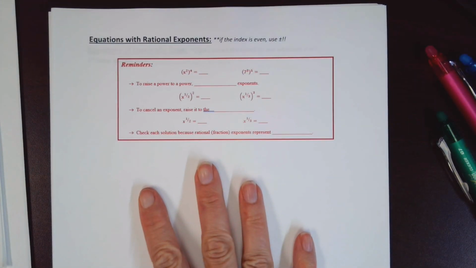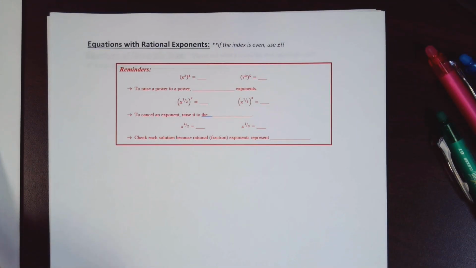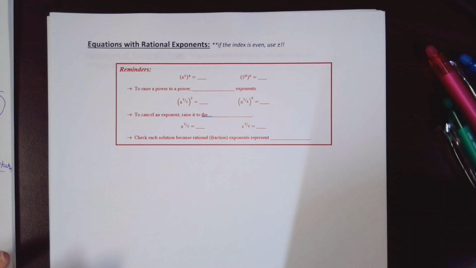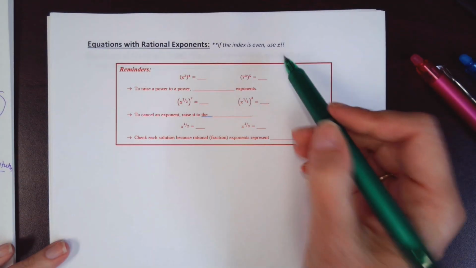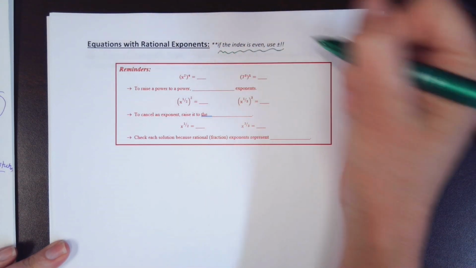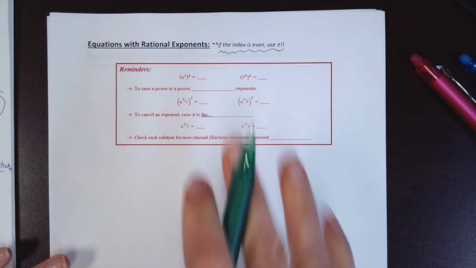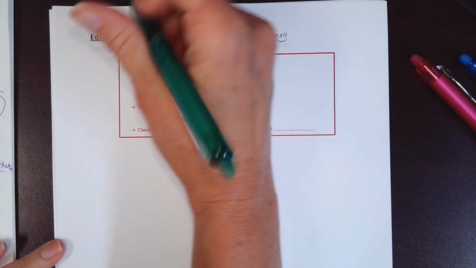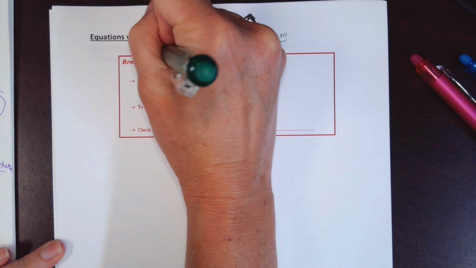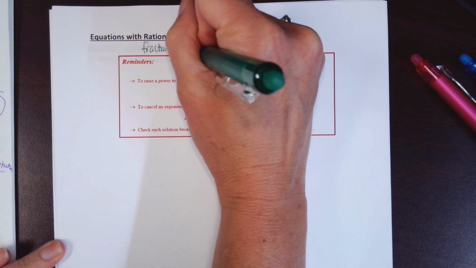All right, let's talk about our next type of equation, equations with rational exponents. A rational exponent is a fraction. Now, if the index is even, remember, we're going to use plus or minus. Keep that in mind.